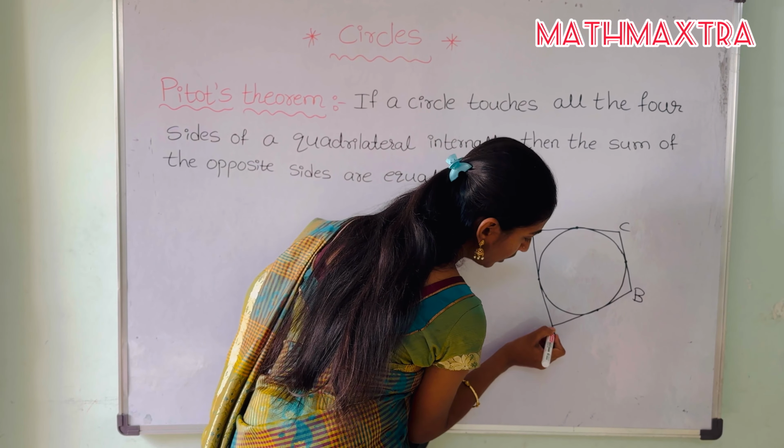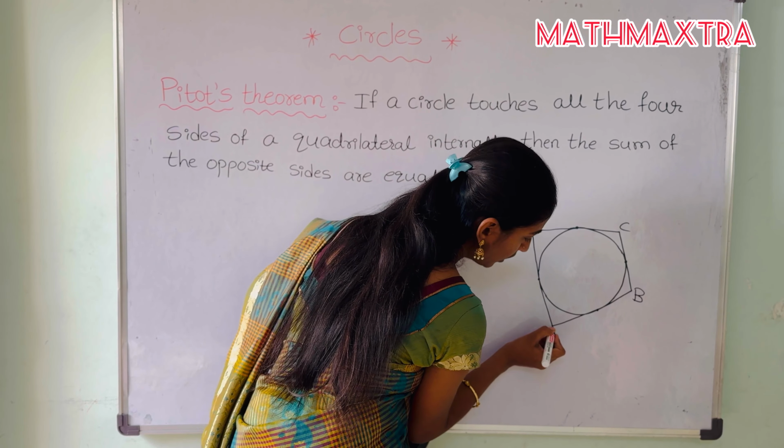Now observe vertex B. This is also an external point to the circle. BR and BQ are two tangents drawn from the external point B to the circle, so BR is equal to BQ.